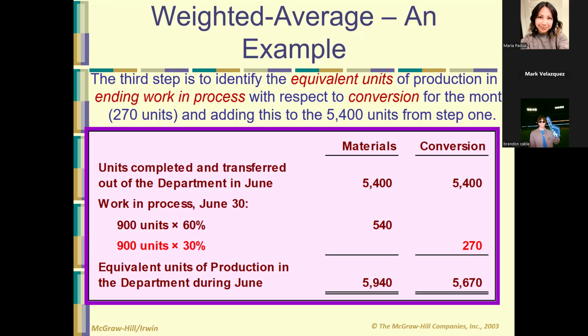We add the numbers. Those are what are called the equivalent units of production. And our job is to fill out this grid, get this thing done, and then get the dollars going, dollarize everything.